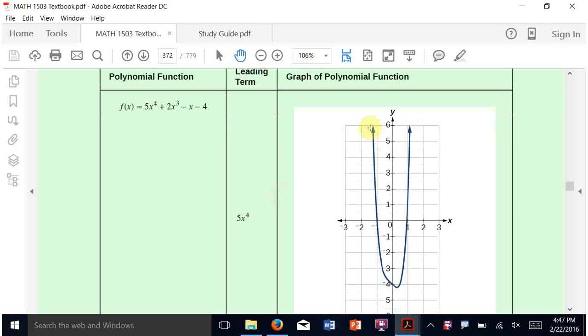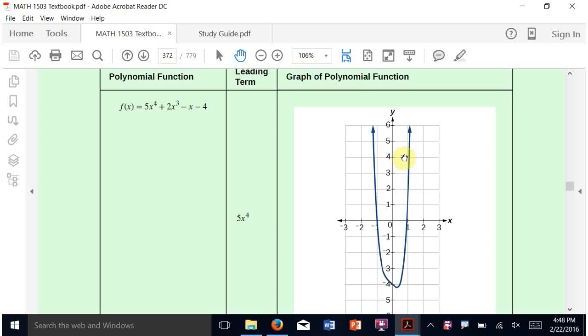That means when it's even, ultimately, both ends will be having the same behavior. When you have a positive coefficient and your exponent is even, then this graph will be opening up.